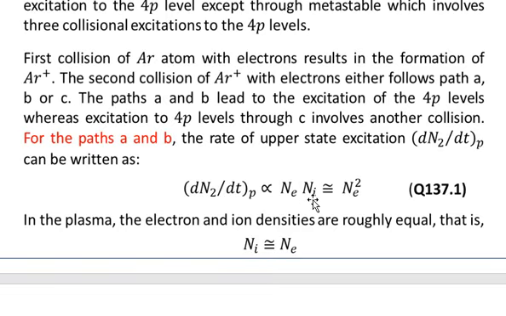Since in the plasma the number of ions and the number of electrons are roughly equal, we can regard them as Ne square. That is why we have taken Ni to be equal to Ne.